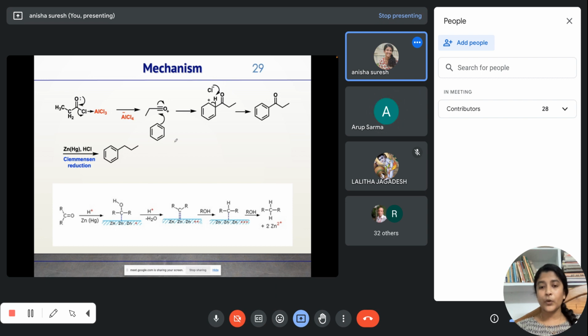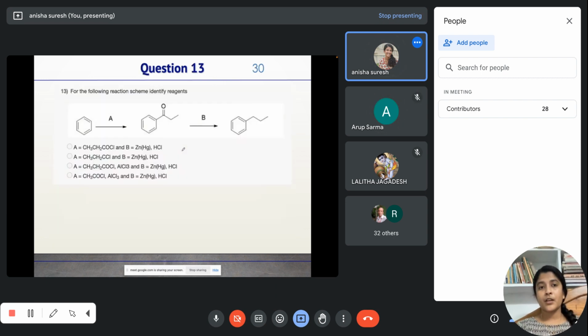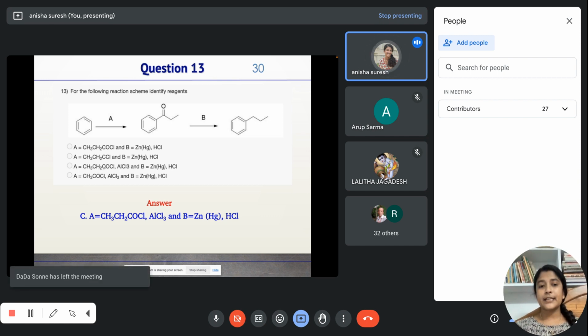Yes, ma'am. Okay. So the correct option is option C, that is CH3CH2COCl, AlCl3. That is the Friedel-Crafts acylation condition and then Clemmensen reduction.